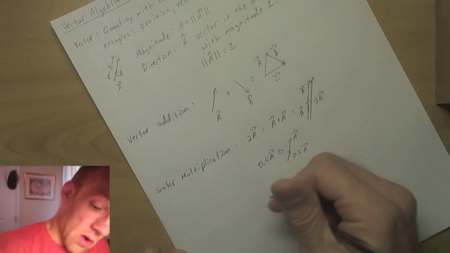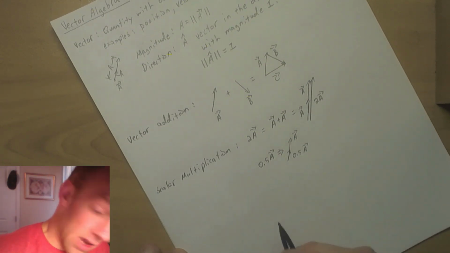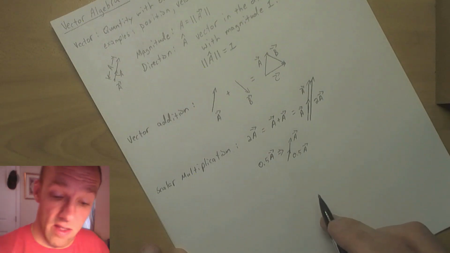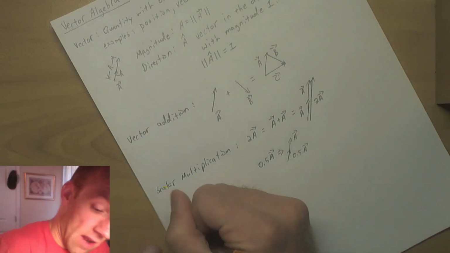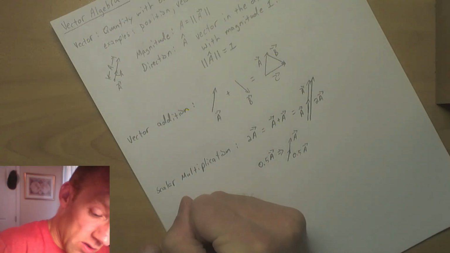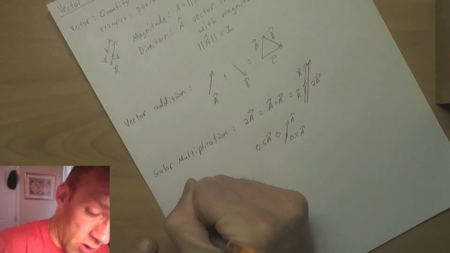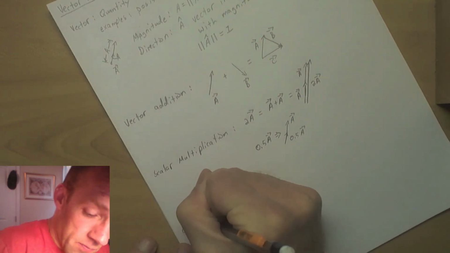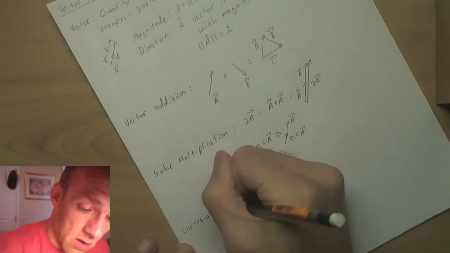So we can expand A in terms of a set of basis vectors, and the ones that are most commonly used are called the Cartesian coordinates.